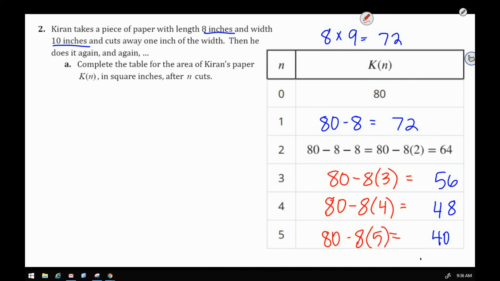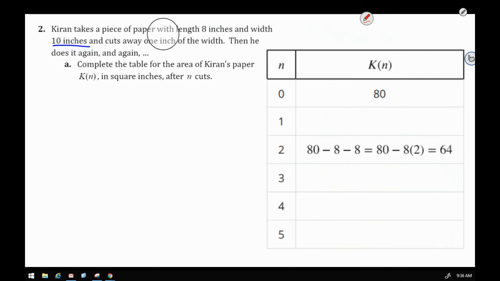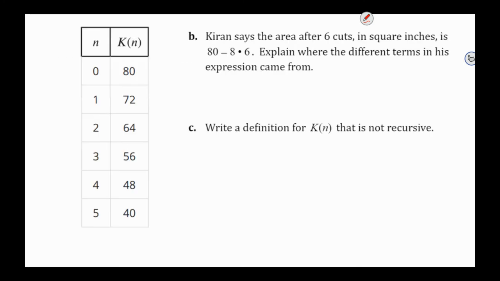So you're taking something kind of simple and making it complicated, as per usual. Underneath on yours, here it says that the area after 6 cuts in square inches is 80 minus 8 times 6. Where did those numbers come from? Where did 80 come from?